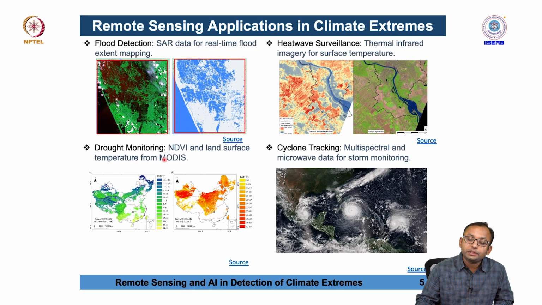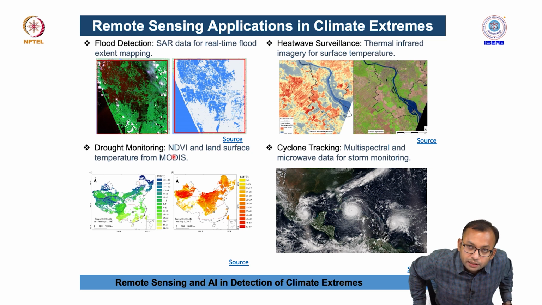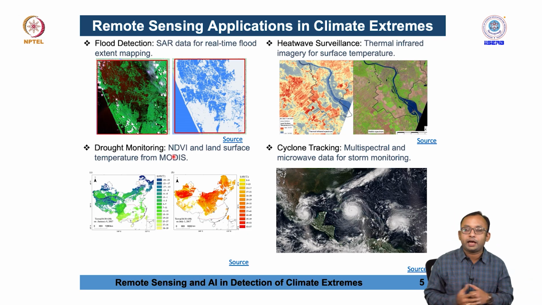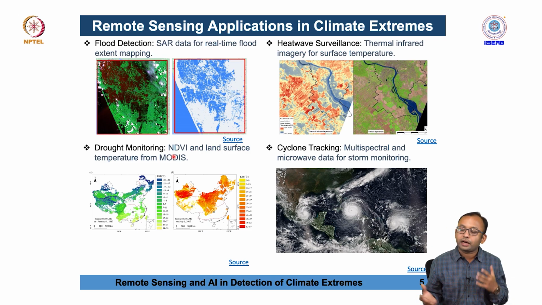We can use these indices or land surface properties and integrate them together, and then look at how drought has been changing the behavior of one particular region, how it has evolved, and how it has been interacting with other phenomena like plant growth, vegetation cover, or crop yield.